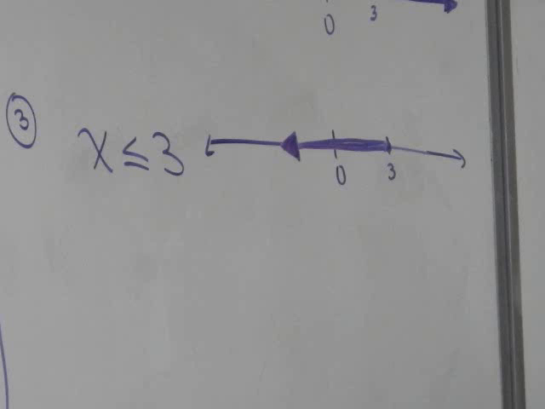But this time I'm going to be shading the numbers that are less than 3, which means that I'm going to shade to the left of 3. The numbers -1, -2, -3, all of those numbers are less than 3.